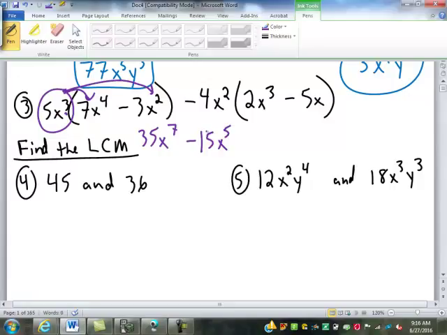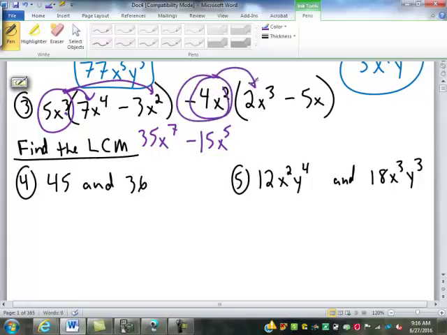Now on to the next set of parentheses. Is there anything that needs to be done in that set of parentheses? No, there's not. So then our next question, is there anything that needs to be done to that set of parentheses? Yes. Times what? -4x squared.